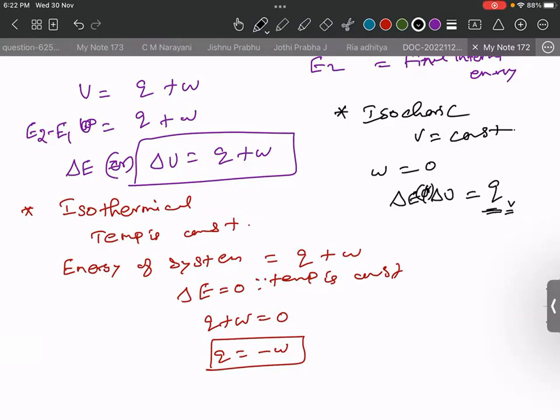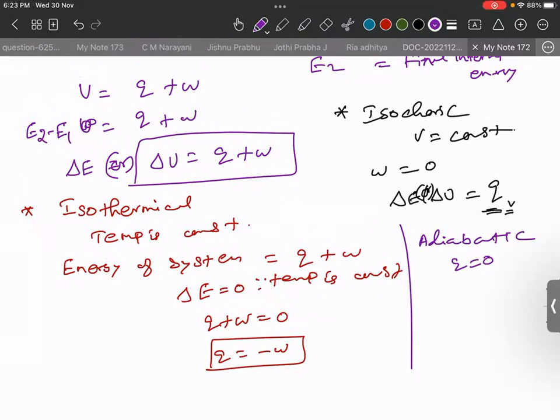So next process, adiabatic. Adiabatic means neither transfer nor exchange. Okay, it's like isolated. So for adiabatic, Q is equal to 0 because nothing is transferred from the system to the surroundings or from the surroundings to the system.